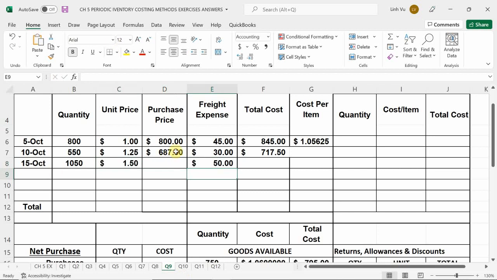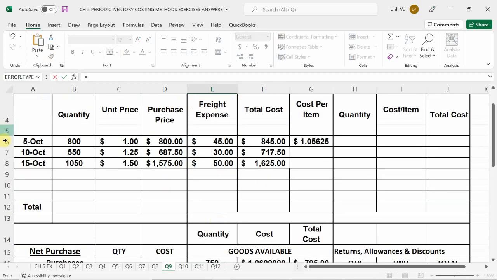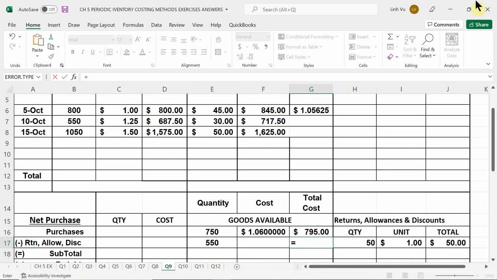So purchase price, $1,575 plus $50, $1,625. In this case, when we made our second batch, no changes were made to the first, so I can carry this value down here.